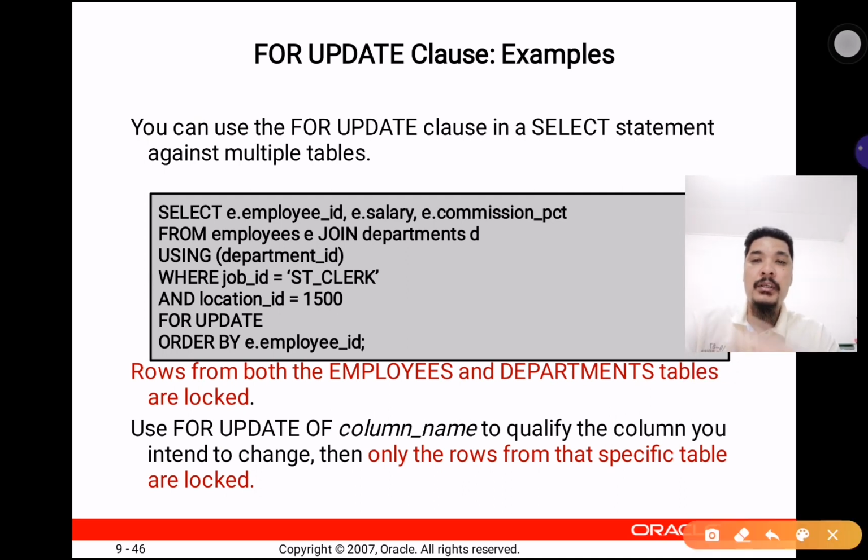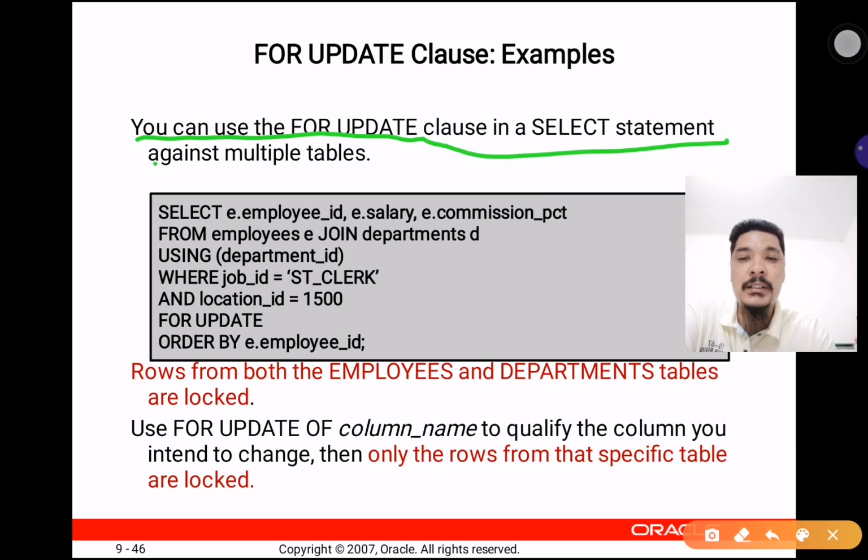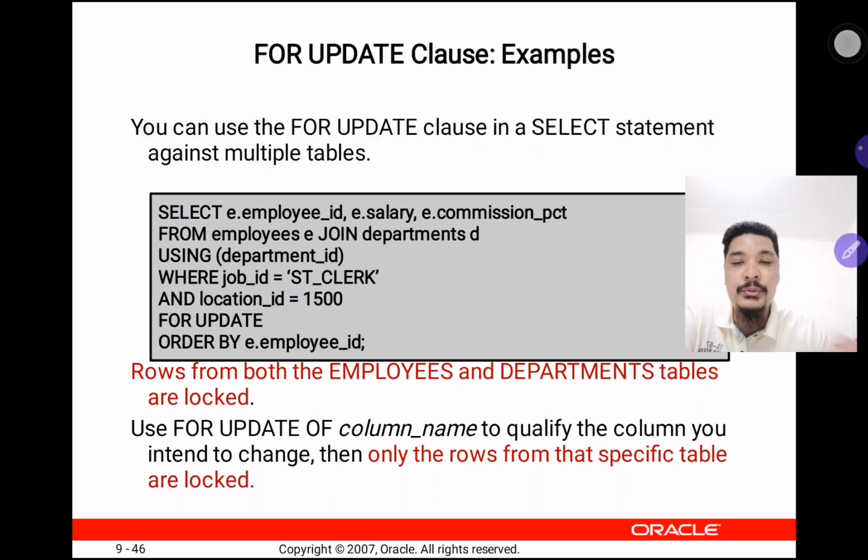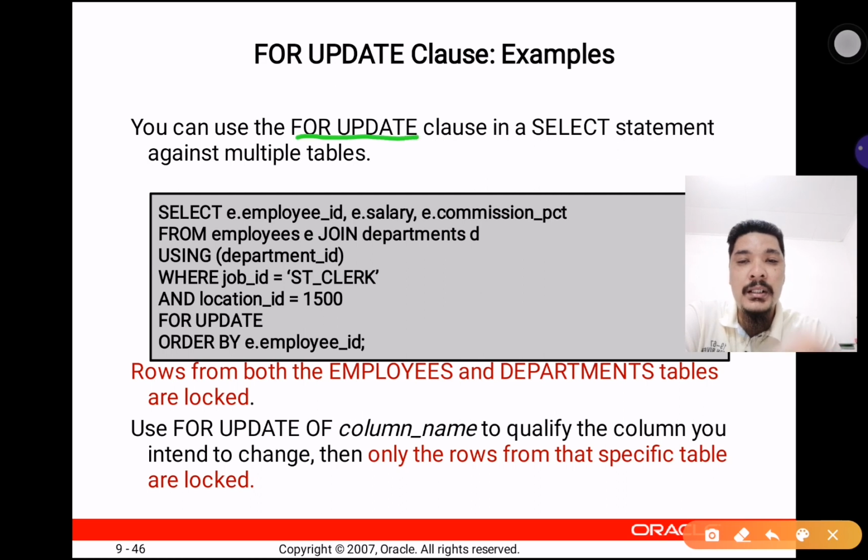You can use the FOR UPDATE clause in the select statement against multiple tables. It is still the same. Select from employees join department, so we are using multiple tables here.